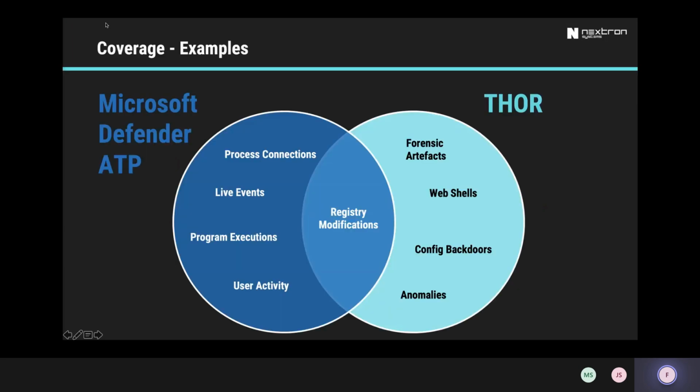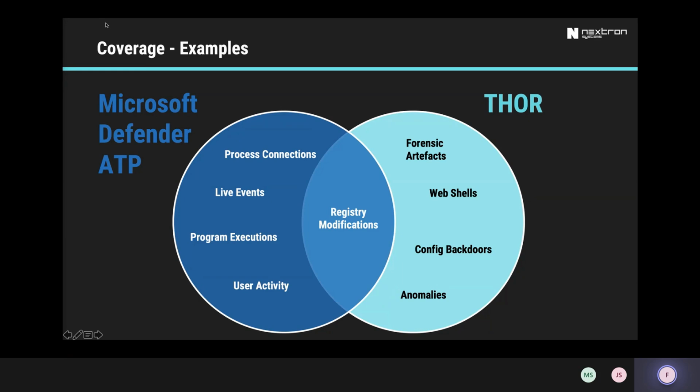To give you a better understanding of the coverage, I first tried to map MITRE ATT&CK coverage slides, but I noticed that it would be a better idea to give you some rough examples of what Microsoft Defender ATP is optimized to see and what THOR can give you as an extension.